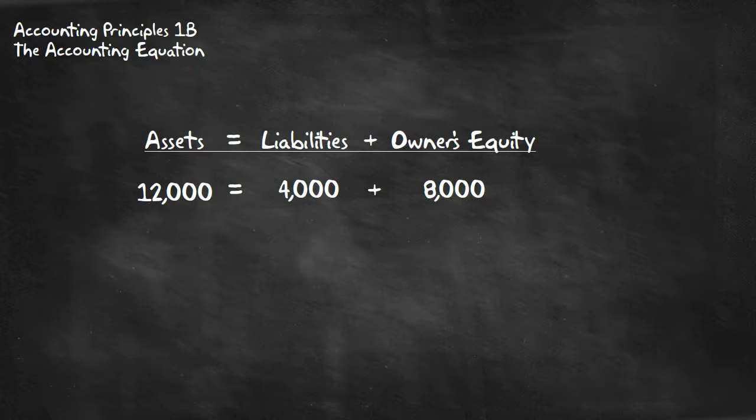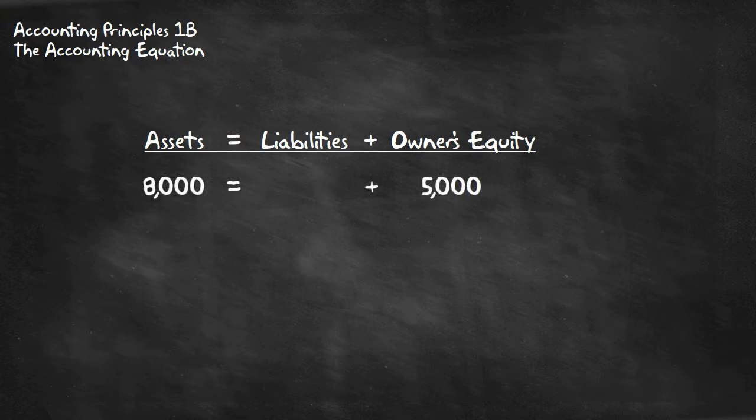Here, 8,000 plus 4,000 equals 12,000. Lastly, another example is if I have $8,000 in assets and 5,000 in equity, how much liabilities do I have? 3,000 is the correct answer, as 8,000 minus 5,000 equals 3,000.